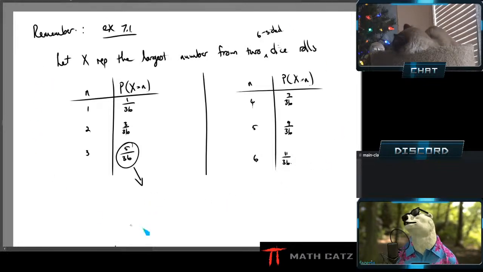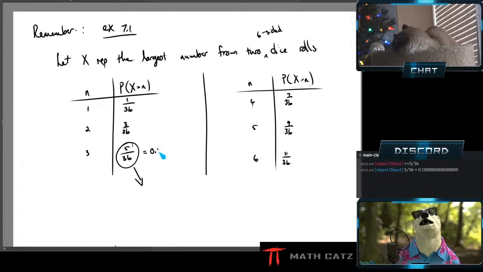The expected value is just an overall measure, but a single probability, how do I interpret this probability? That the largest number is a 3 has probability 5 out of 36. Let's actually calculate that because maybe you don't like the 5 out of 36 fraction form. 5 divided by 36. I can write it in different forms, right?